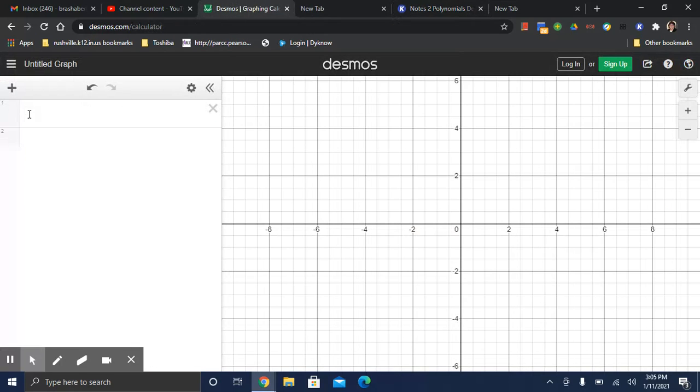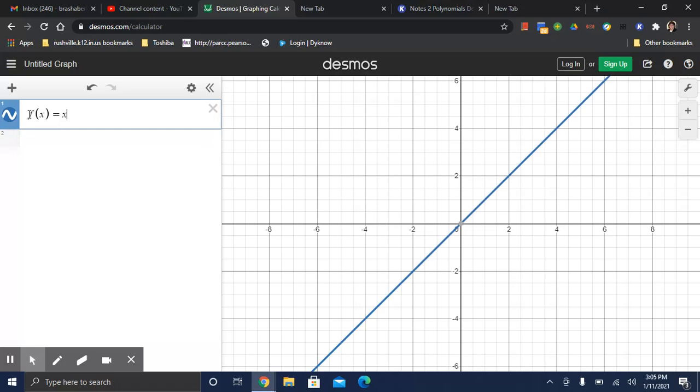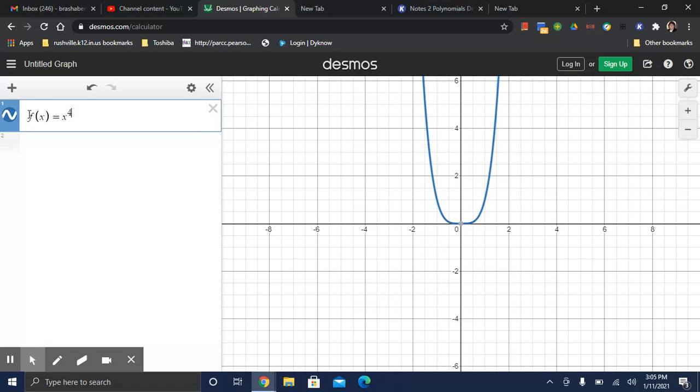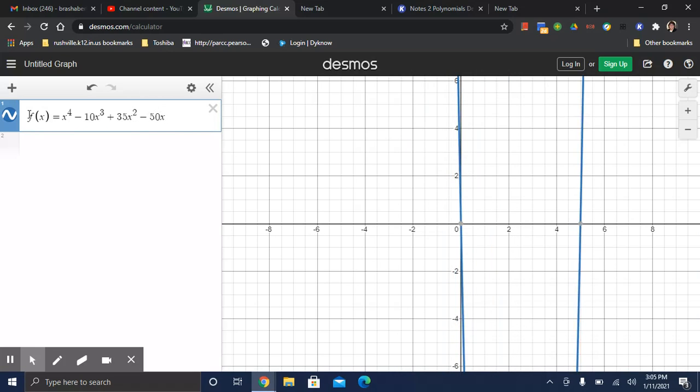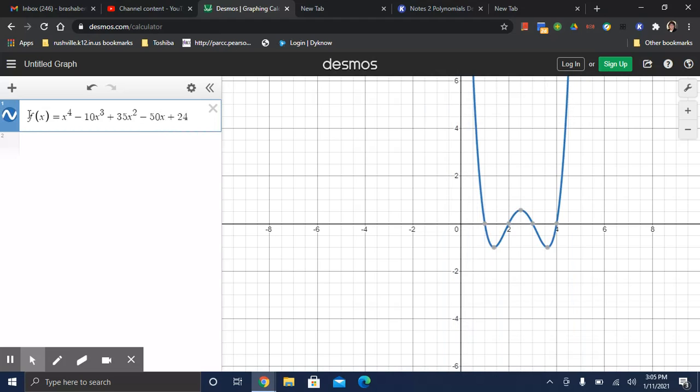I'm going to use Desmos. I'm typing in f of x equals x to the 4th minus 10x to the 3rd plus 35x to the 2nd minus 50x plus 24.